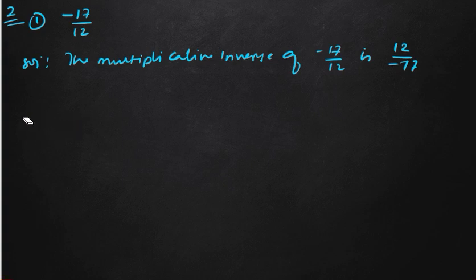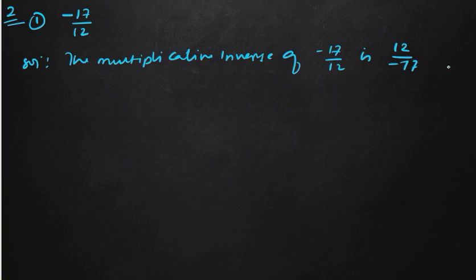Okay. So it is very easy to write the multiplicative inverse. And you also have to mention how it is the multiplicative inverse, because if you multiply the number with its multiplicative inverse, then the answer should be 1. So how to complete it?